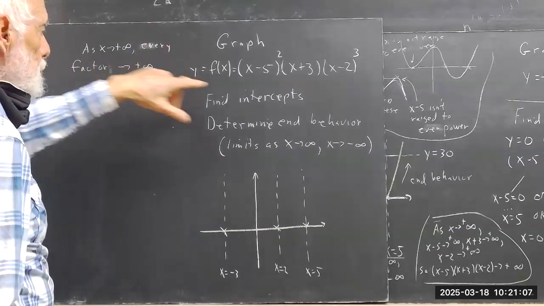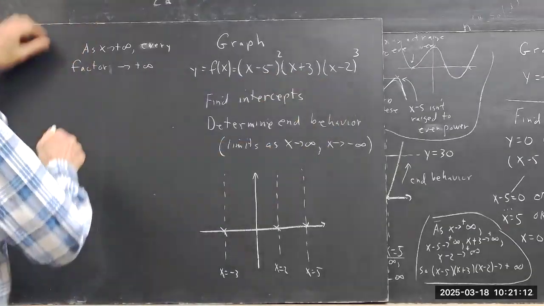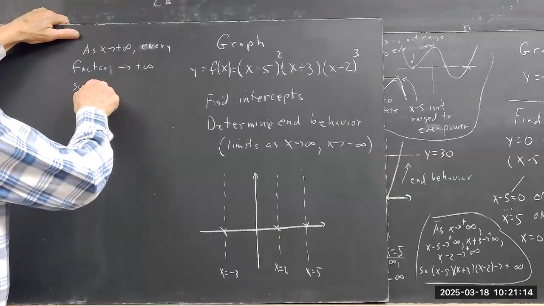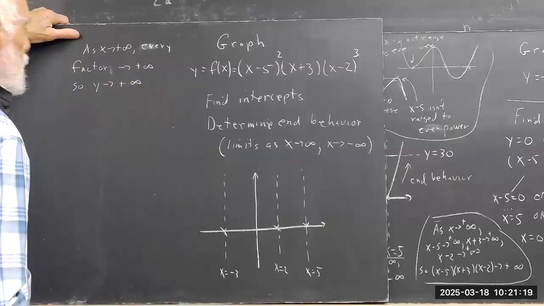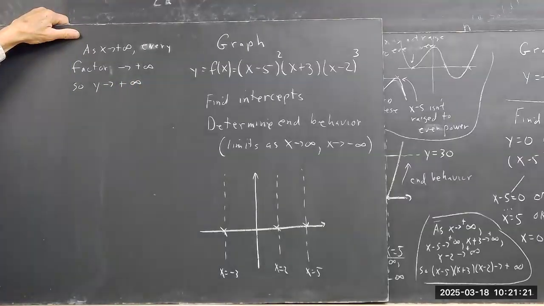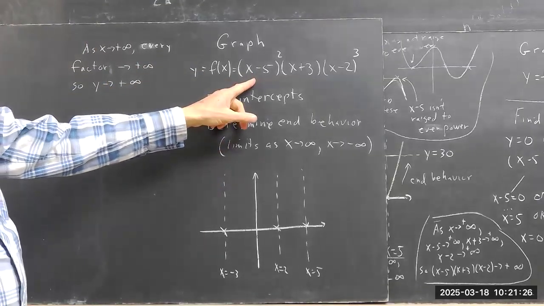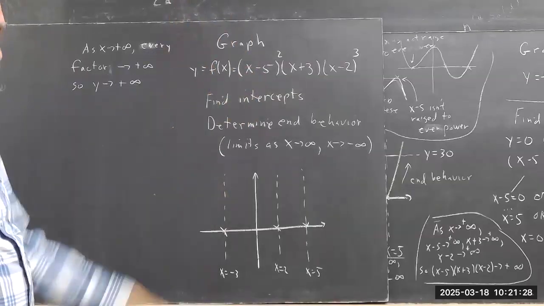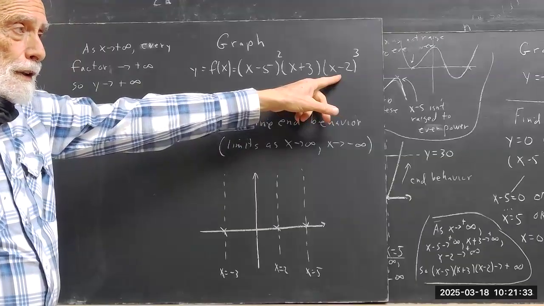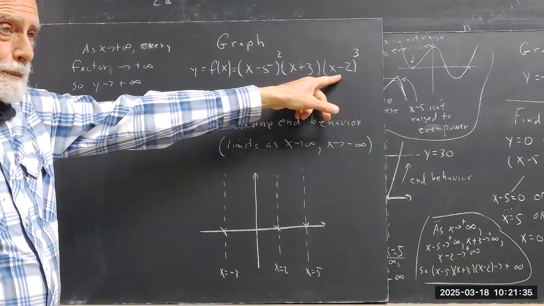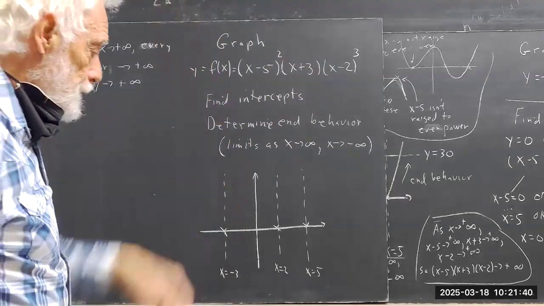Let's say every factor goes to plus infinity. So y goes to plus infinity with attitude, because you're going to have a square of something that gets really big, which is going to get really huge. This is going to get really big, and this is going to get really humongously huge because you're cubing it. So this whole thing is going to get very big very fast.